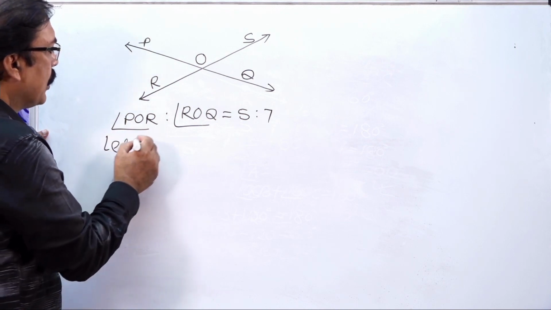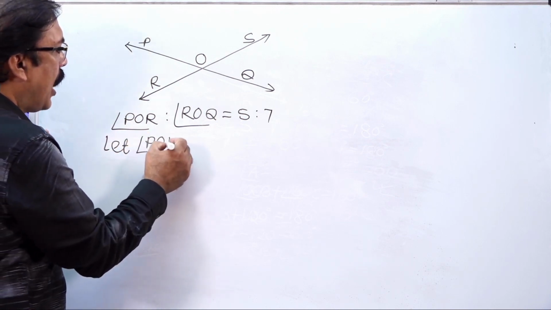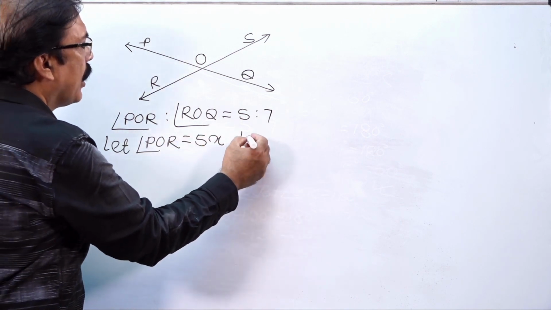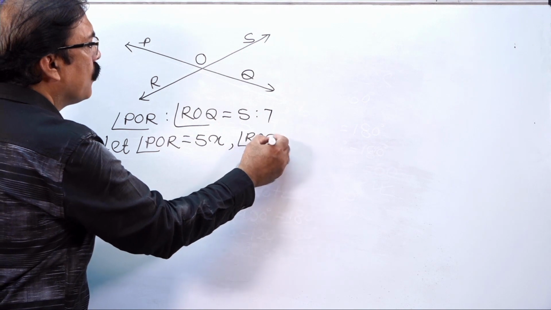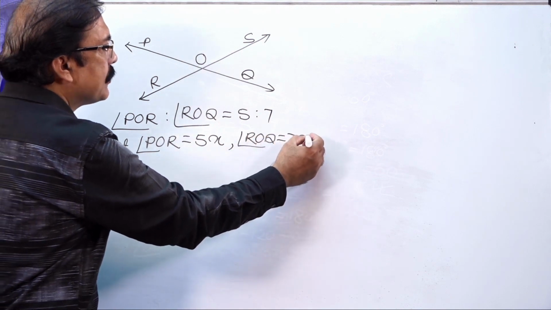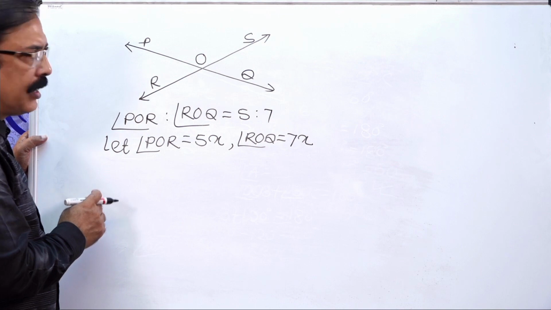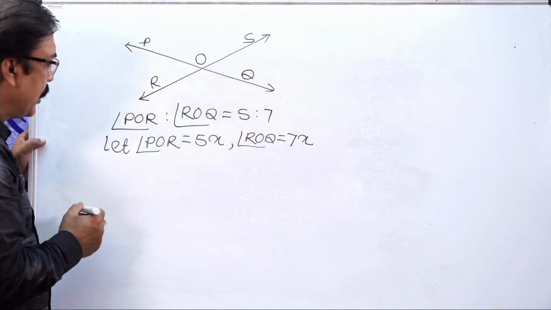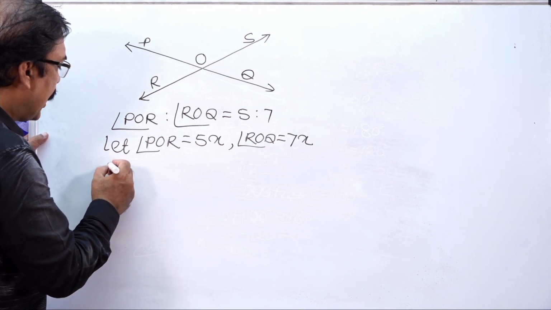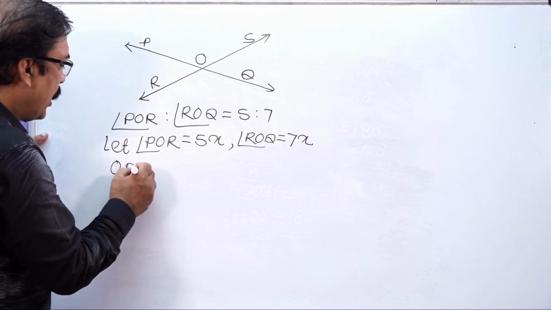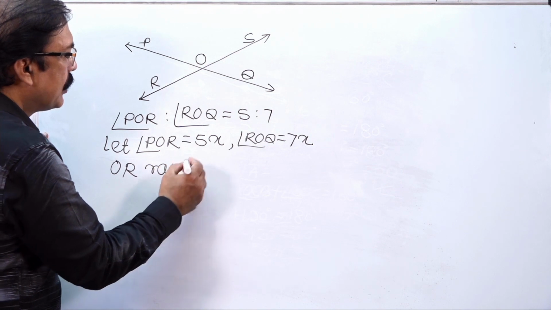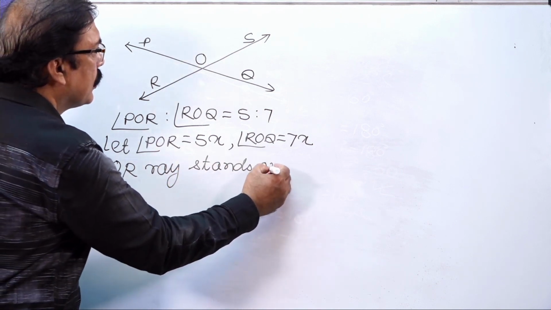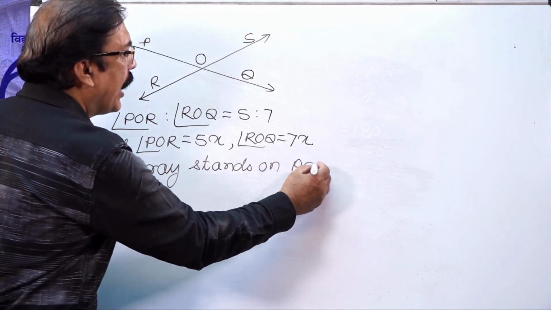So, let angle POR be 5x and angle ROQ be 7x. Now you see PQ is a line and OR stands on it. We can write like that: OR ray stands on PQ line.